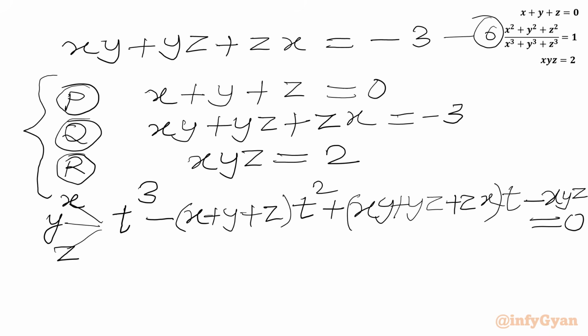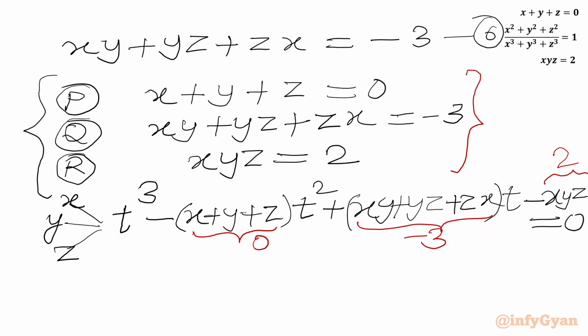Now we have to plug in all three values from equations P, Q and R. So here we are going to put 0, here we are going to put minus 3, and here we are going to put 2. So I can get the cubic in T: T cube minus 3T minus 2 equal to 0.